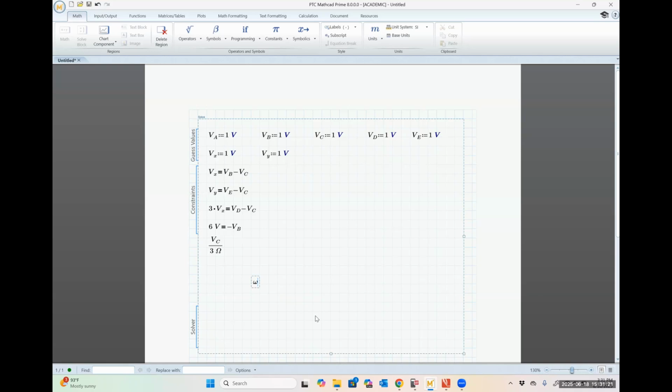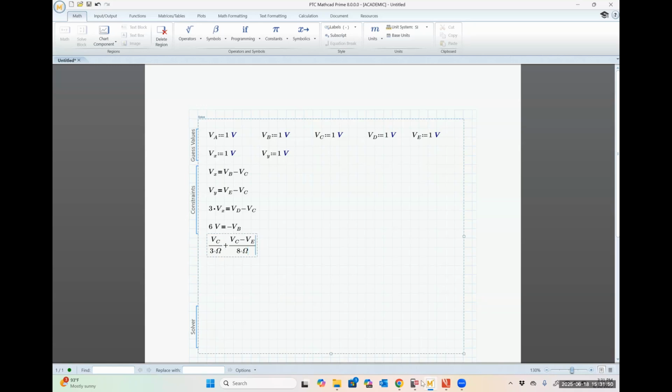But anyway, to get that omega symbol for ohm, it was Shift W for capital W, and then Control G to convert that into Greek. Then I have VC minus VE over 8 ohms. To have it underline everything, I just press the space bar twice.